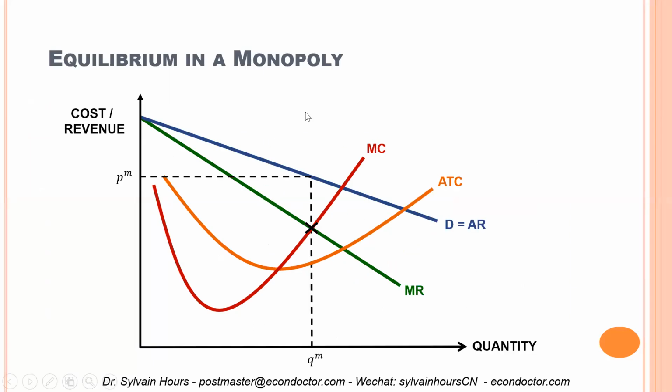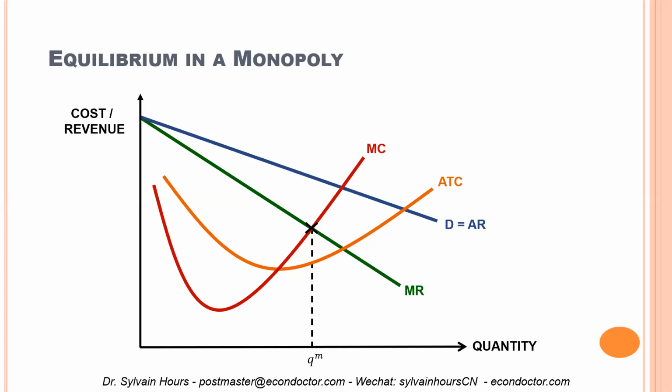When the monopolist wants to maximize profit, it should produce the output at which MC is equal to MR. This is QM. Then once the monopolist knows how much output it needs to sell in order to maximize profit, the next question is, what is the price that I must charge in order to sell this quantity?